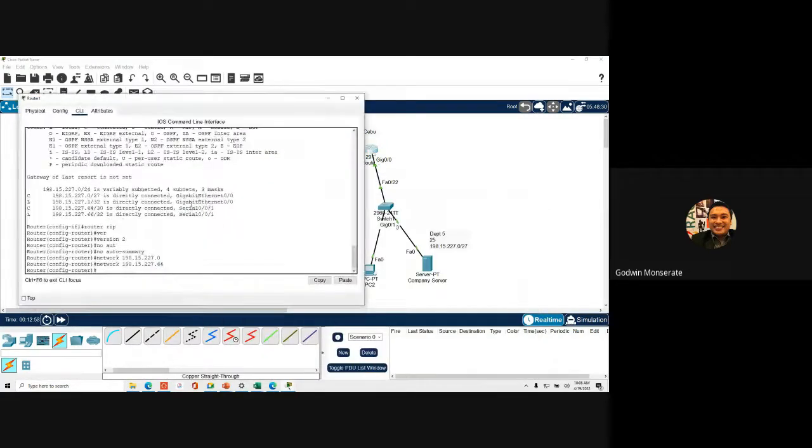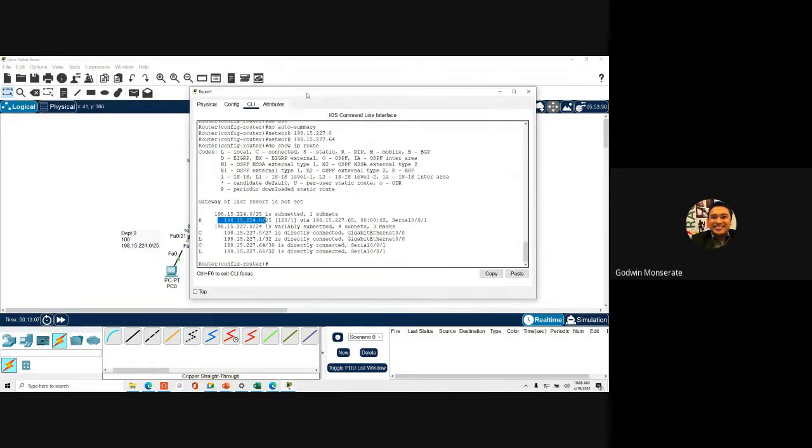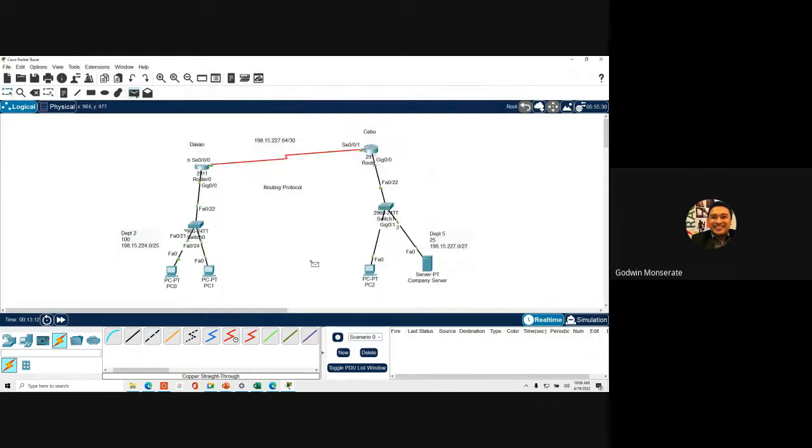And Cebu here, no? And Cebu should have the route coming from 198.15.224.0 and that is Davao. So, tanaw na to kung ka-communicate. Let's ping this one to the Davao, successful. Davao to Cebu, successful. Davao to Cebu network.